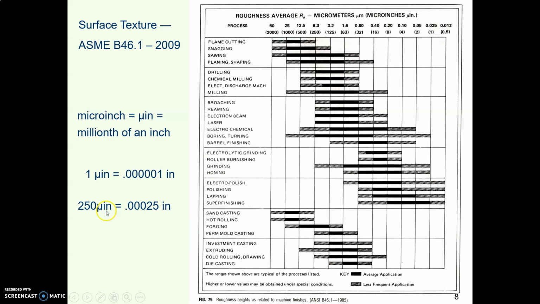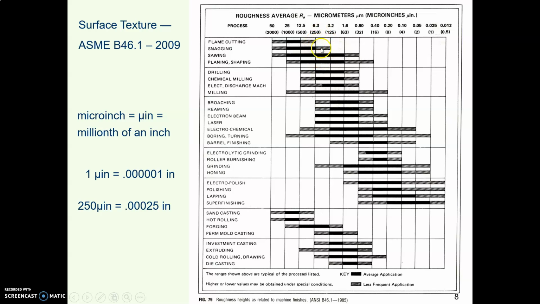So if you have a surface finish of 250 microinches, that is 250 millionths of an inch, or a quarter of a thousandth of an inch. So now you can look at these numbers up here. Here is 250 microinches, and you can see that lands you right in the middle of sawing and planing.